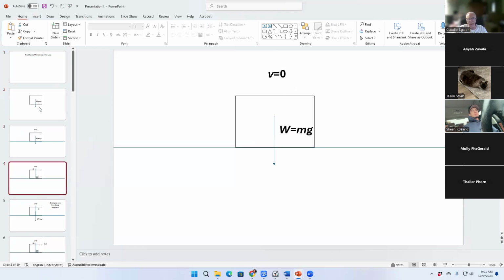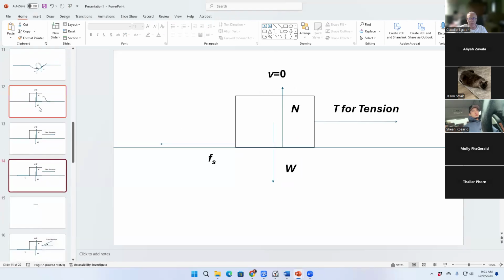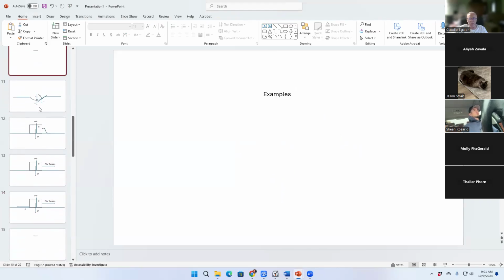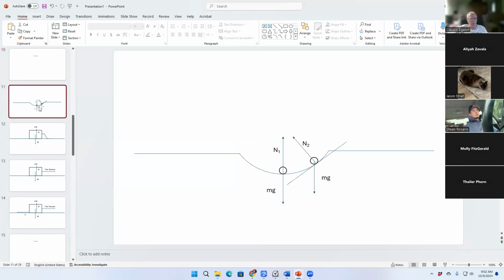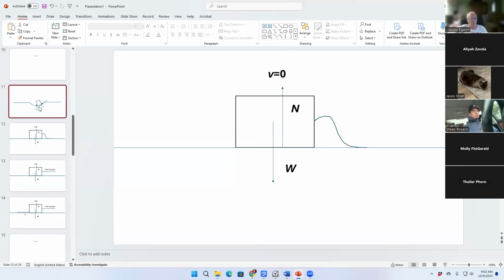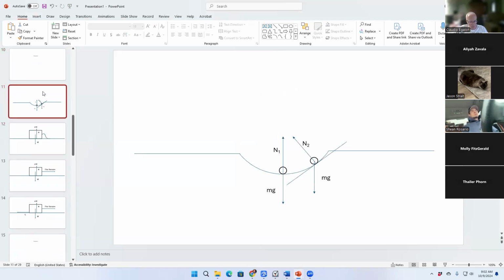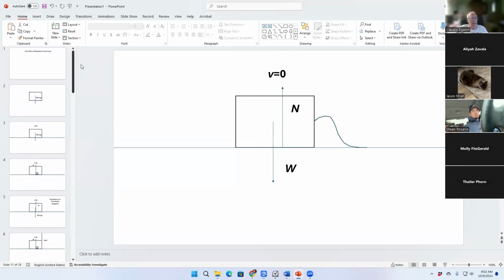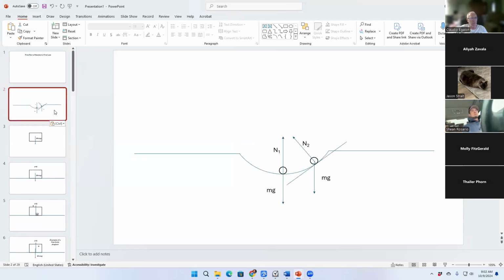And you saw all of that, the at rest. Here's an illustration of the normal force. And this belongs elsewhere. This belongs at the beginning of the slide.